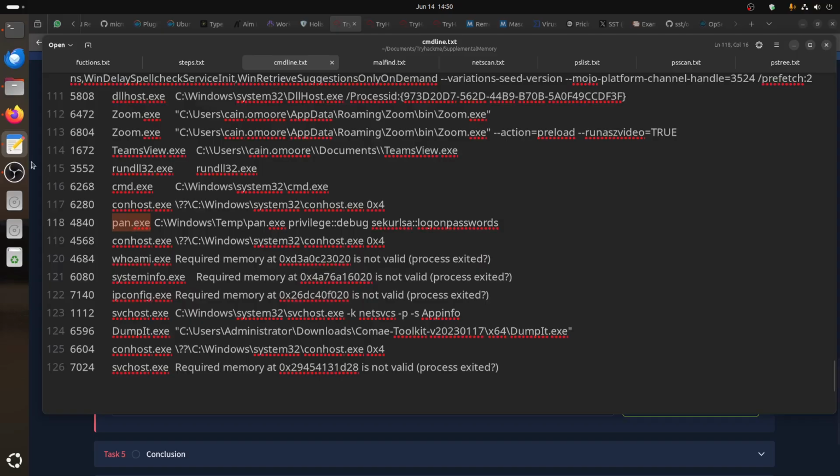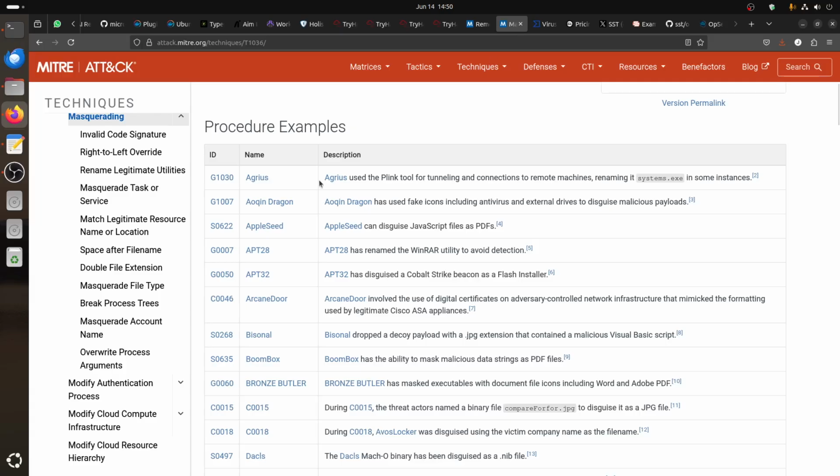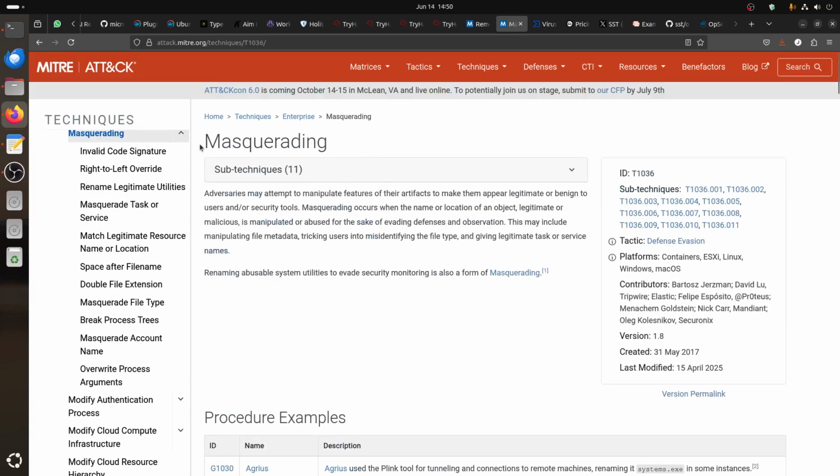The real name is Mimikatz, and this is what we call masquerading, and it's T1036, which is the answer for that question. Adversaries may attempt to manipulate features of their artifacts to make them appear legitimate or benign to users and/or security tools. Masquerading occurs when the name or location of an object, legitimate or malicious, is manipulated or abused for the sake of evading defense.